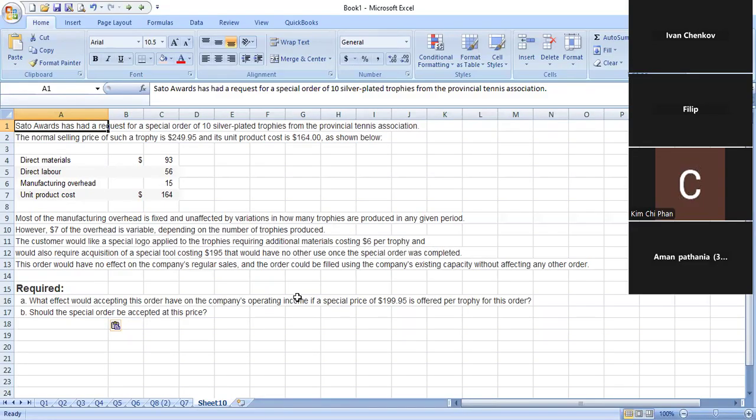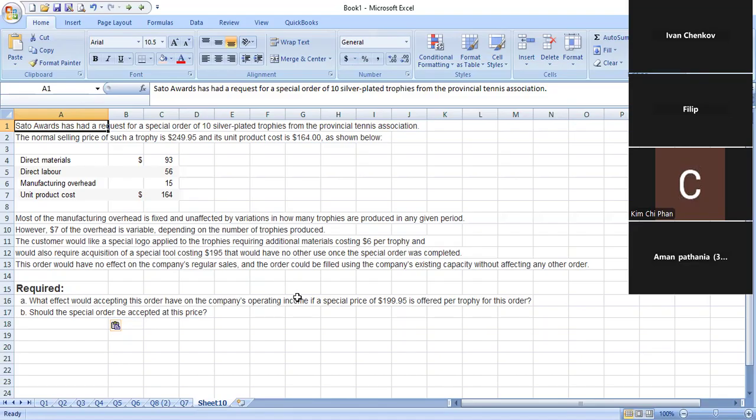That means the company has to have the capacity first. Second, the offer for the special order has to cover variable cost plus any additional cost that may have come from that special order.